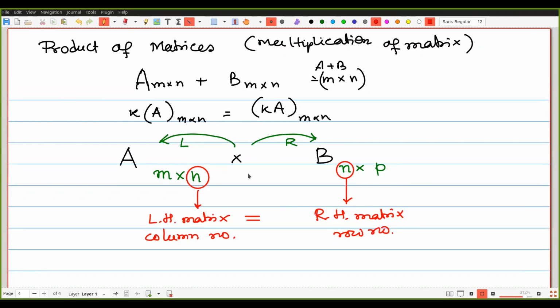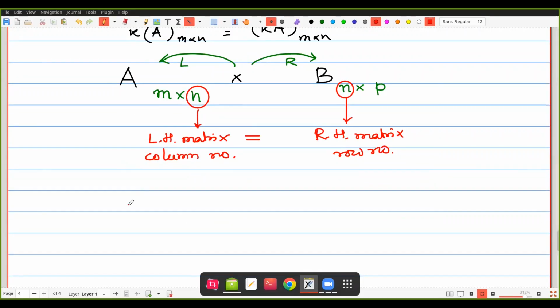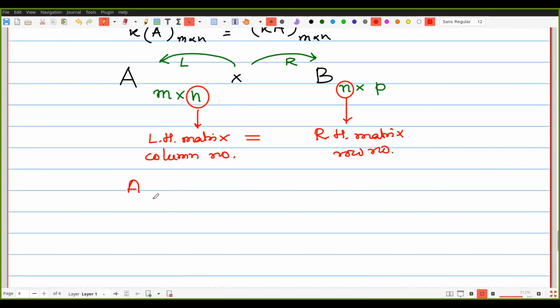That means, suppose we have A, 3 cross 2, and B, 2 cross 4. Here the column number 2 of A is equal to the row number 2 of B, so matrix multiplication is possible.